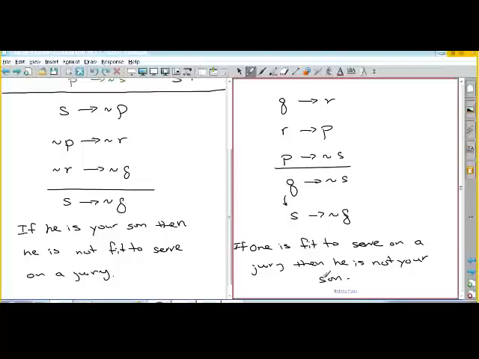So that's also a valid argument. If somebody said, oh, the next person in is fit to sit on the jury, you'd say, well, obviously it's not your son, because he would have never gotten in if it was your son. So they are equivalent to each other.